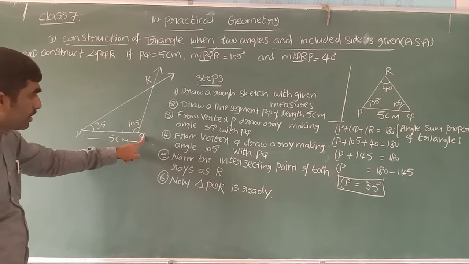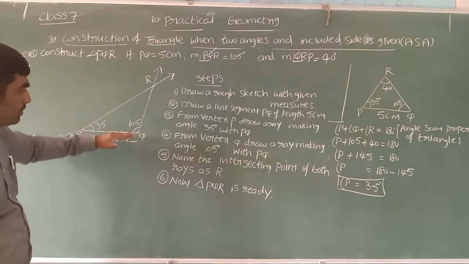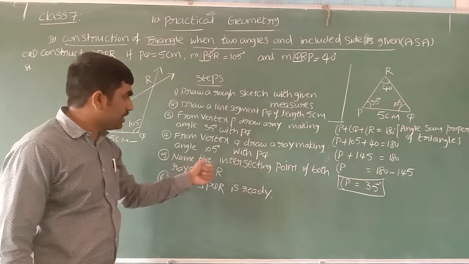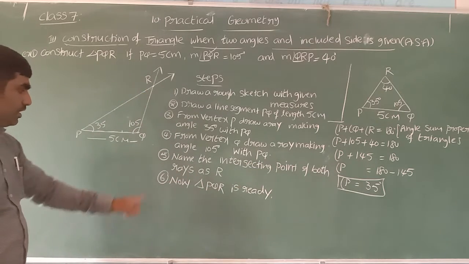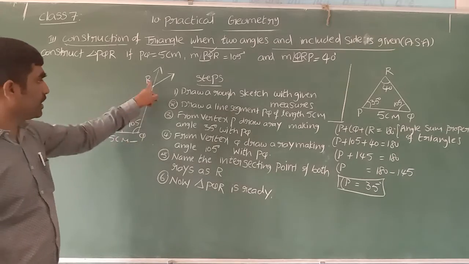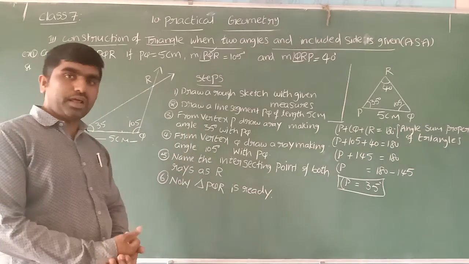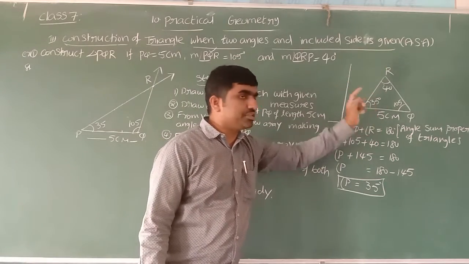From vertex Q, draw a ray making angle 105 degrees with PQ. Now both the rays are intersecting. Name the intersecting point of both rays as R. Now we can see triangle PQR is ready. So this is the way we can construct a triangle when we know the measure of two angles and the included side.